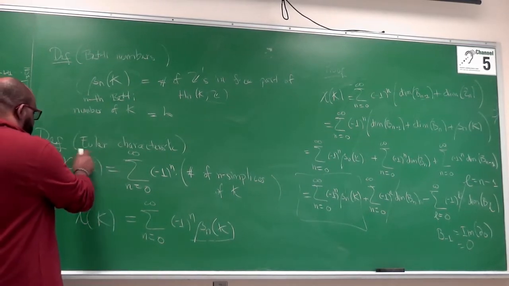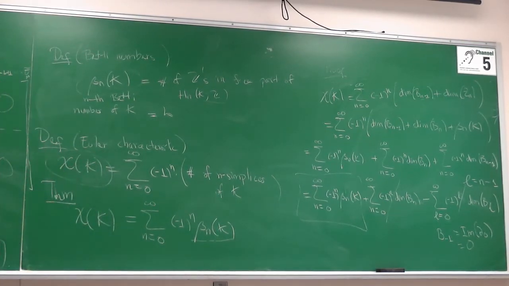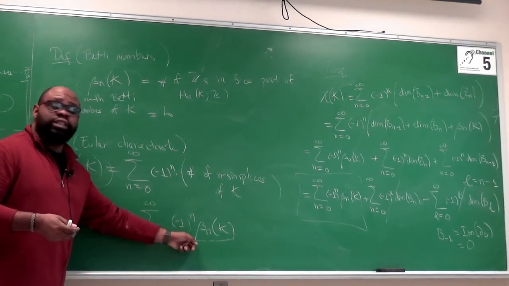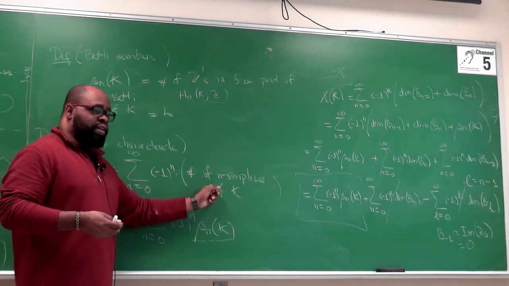Then I'm going to show you some applications of the Euler characteristic to problems in computer vision and physics, actually, so cosmology. And the thing that I wanted to remember is the relation between the Euler characteristic, the Betti numbers, and how to compute the Euler characteristic.